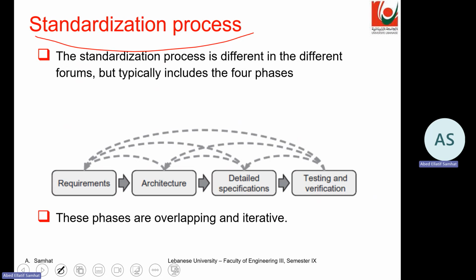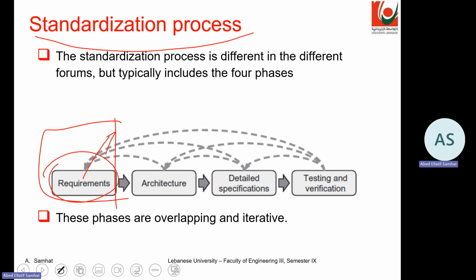It's a job that involves a lot of partners or organizations, and it's an ongoing process because we have different phases. The first phase is the requirements, and here we should decide what is to be achieved by the standard. So what are the requirements? Why do we need this standard and what should be achieved?